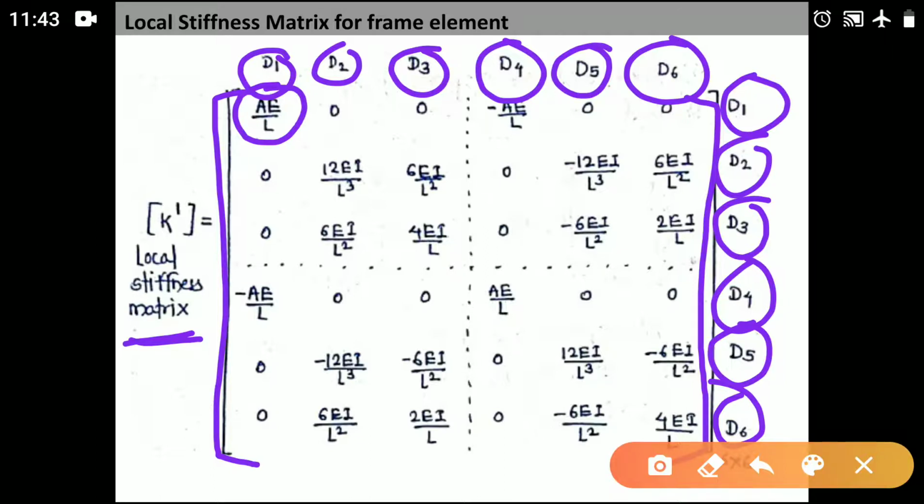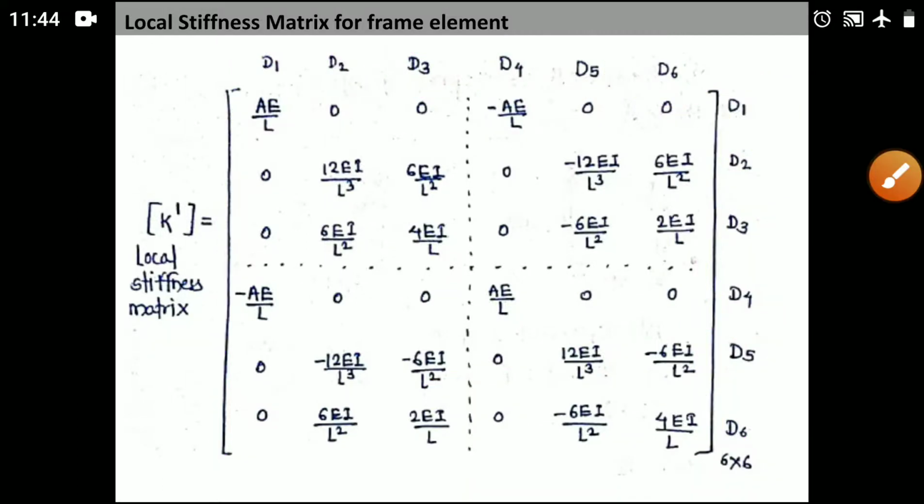This element, which is written here as AE upon L, is the action corresponding to the first degree of freedom when the first degree of freedom is equal to 1. When D1 is equal to 1, the D11 element is AE upon L. So for that we have to see the first figure, figure number 1.